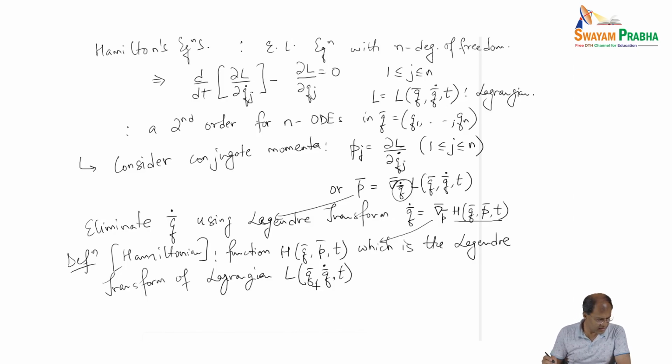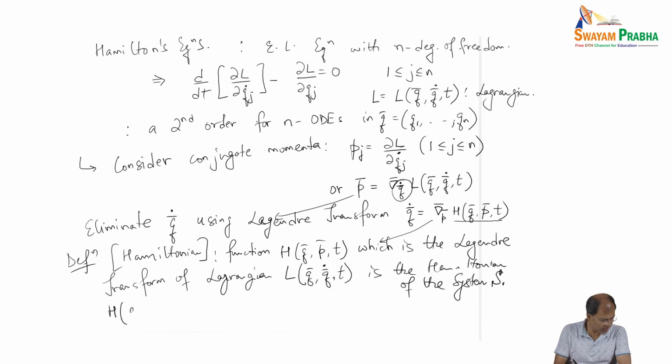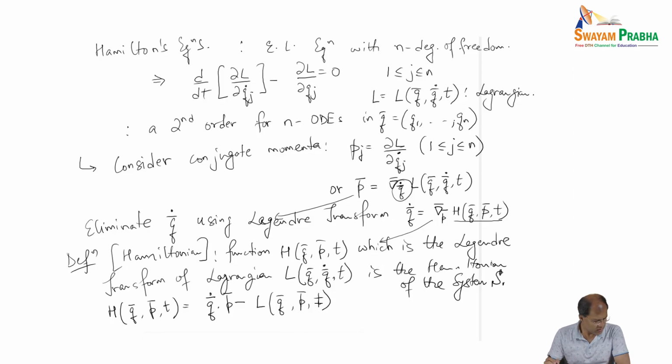So that is the Hamiltonian of the system, and H(q, p, t) is q dot times p minus L. This is our regular Legendre transform definition.